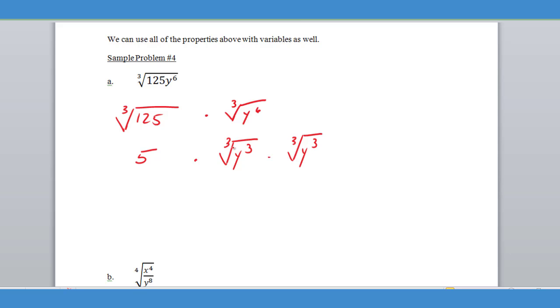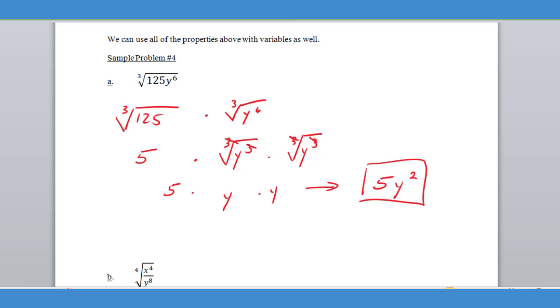And so the y to the 6th is broken up into two y to the 3rds. This allows me to use the cube root and break it up twice. That's going to give me y, that's going to give me y, and of course I had 5 out here, so I just need to combine all this back together again, and that's going to give me 5y squared as our final simplified answer.